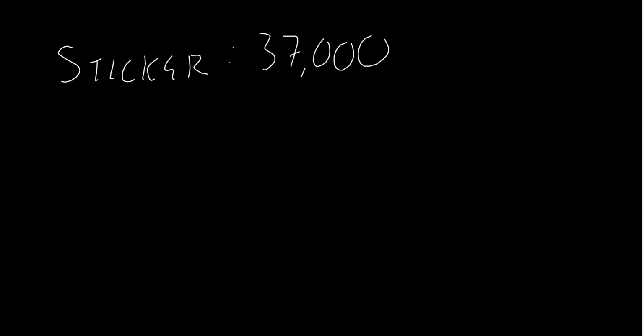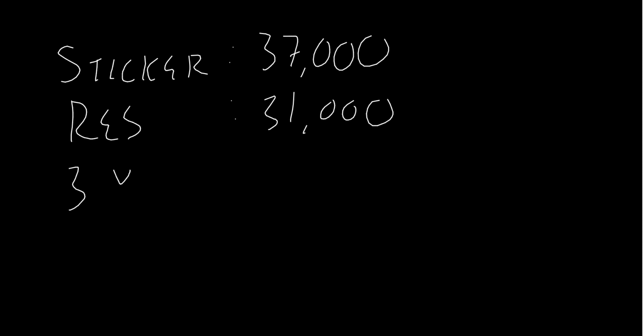The residual is $31,000. 3-year-old trucks right now are going for about 30. Let's just say 37,000, just to be safe. So what this means is, in 3 years, if the economy continues to roar, maybe a chip shortage might die down a little bit, whatever.